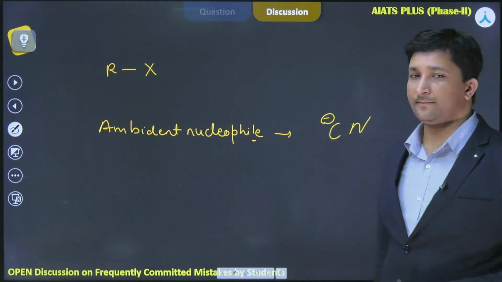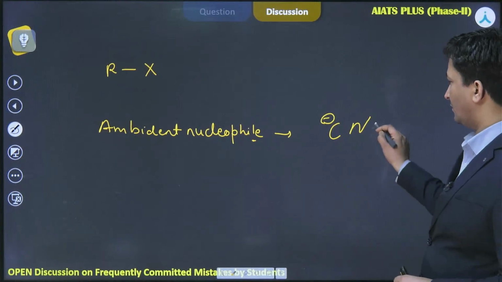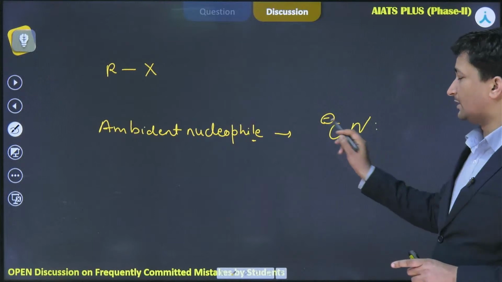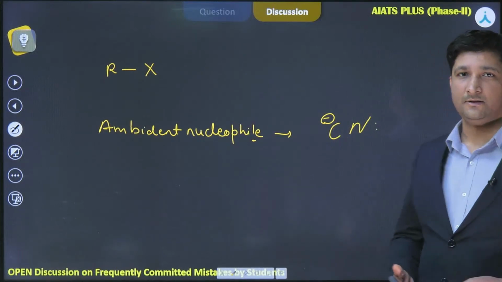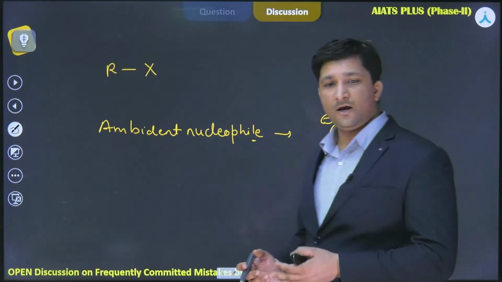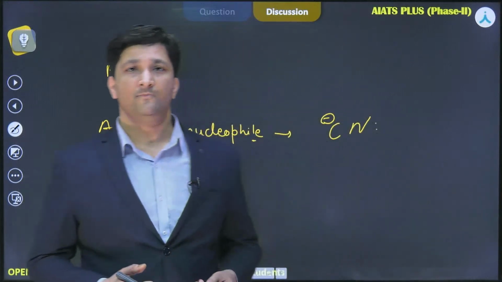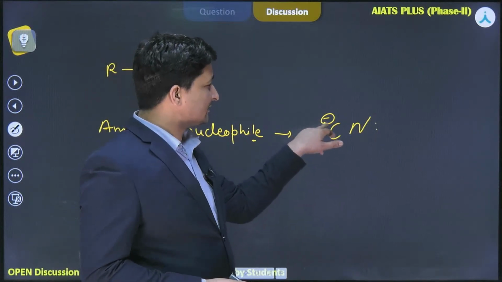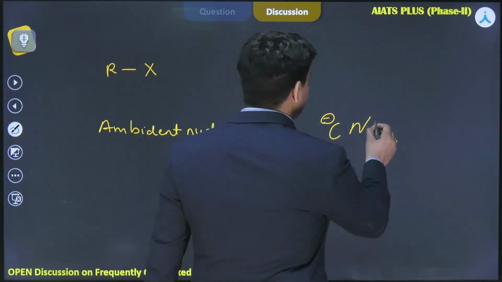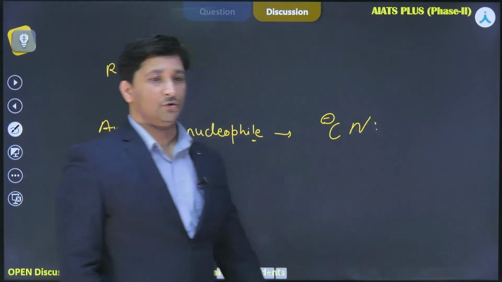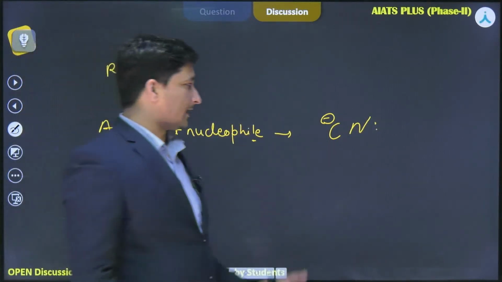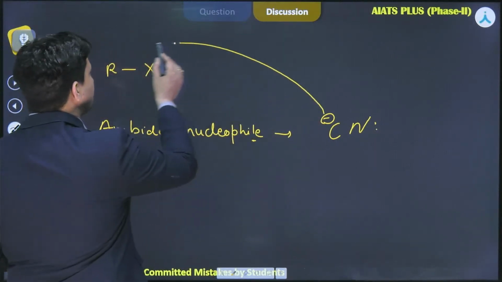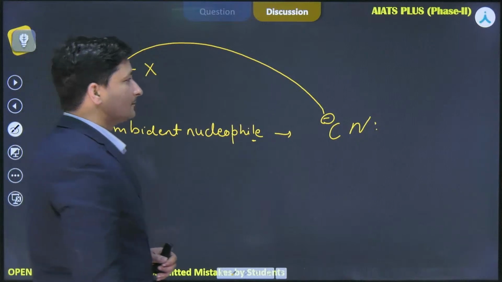The negative charge is on the carbon and nitrogen has a lone pair. A nucleophile should be electron rich. It should either be negatively charged or have a lone pair of electrons which can participate in bond formation. Therefore, either this negative charge or the lone pair of nitrogen can act as the nucleophile here.